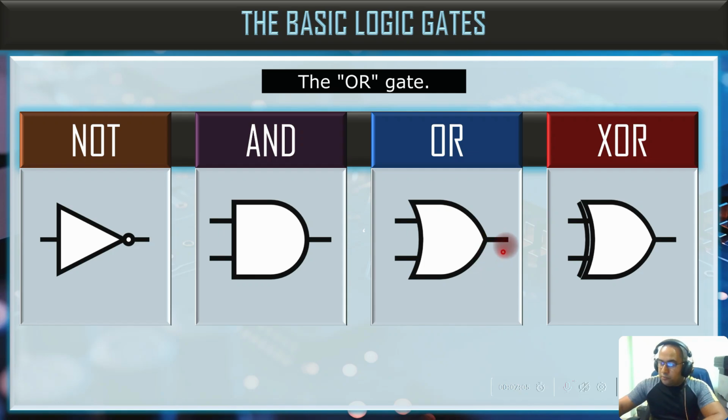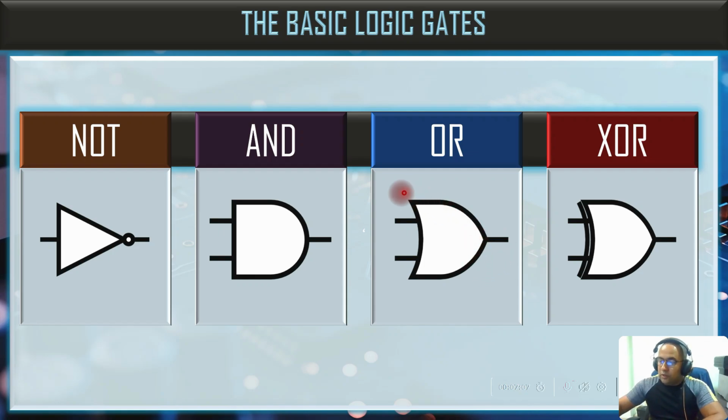The OR gate gives output 1 if at least one of its inputs is 1. And finally, the XOR gate, also known as exclusive OR. It gives output 1 only when both inputs are different. These are the fundamental building blocks of digital systems. We'll look at each of them in more detail with truth tables and examples.